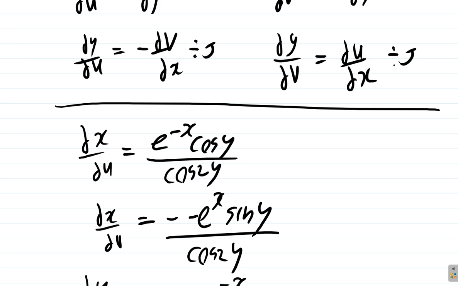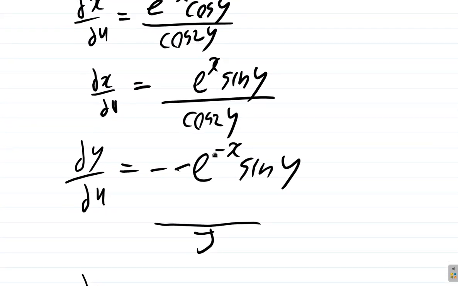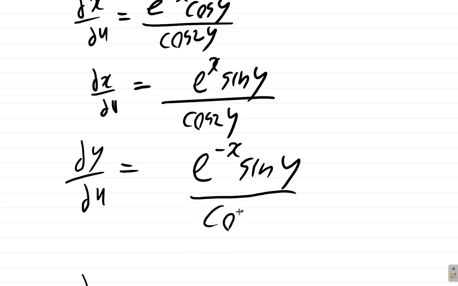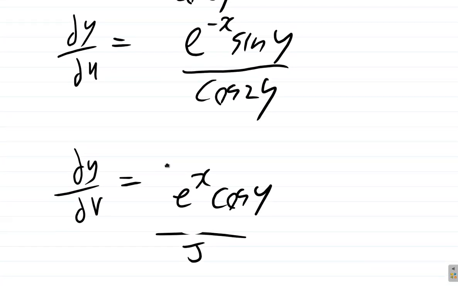But minus negative gives you a positive, alright? So you see that? Now, the minus negative here again gives you a positive. And this Jacobian is cos 2y. This is over cos 2y. And then, of course, right here, this is over cos 2y.